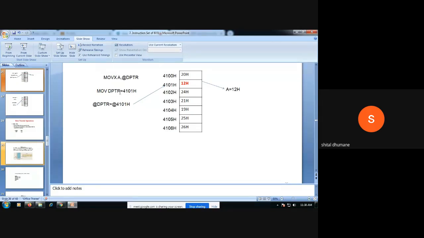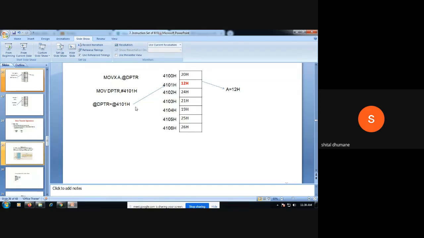Okay, so here you can write that instruction this way: MOV DPTR comma #4101. Here 4101 is the memory location that will get stored in the data pointer. Now @DPTR means @4101. This is the memory location, and these are the contents of this memory location.